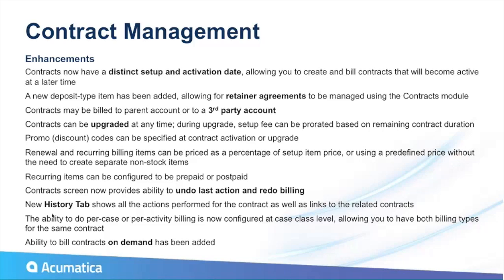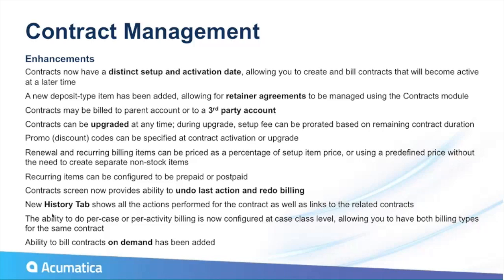We've added the ability to undo the last action. So this is very useful because sometimes you will do your contract billing and then you realize that something was not set up properly. So after you undo, you have the ability to make changes to the contract configuration and redo the billing. And what is nice is that the system will keep full history of all the actions that we've performed inside the contract.